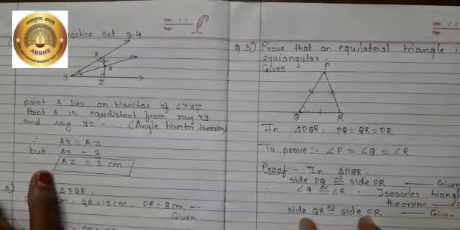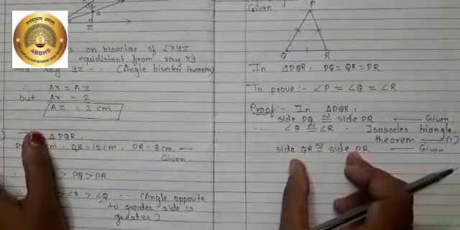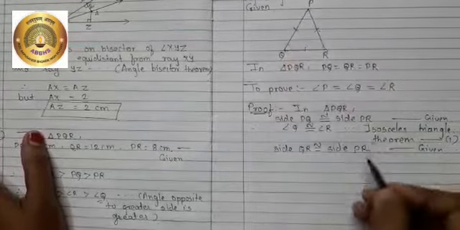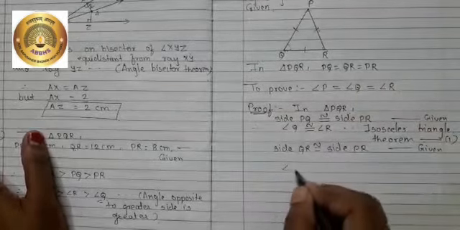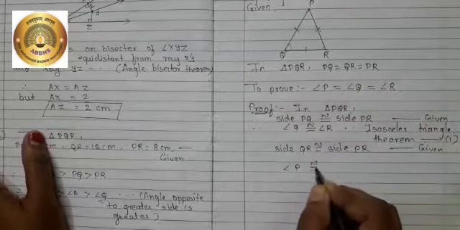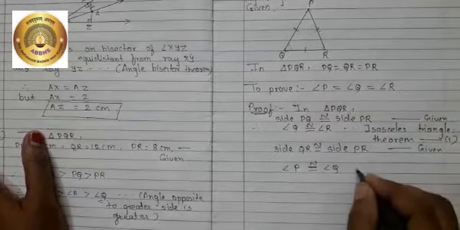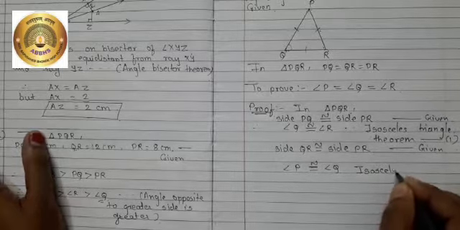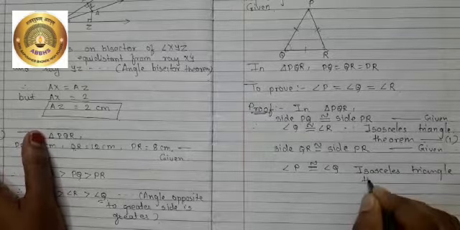So if these two sides are congruent, their opposite angles are congruent. So opposite of QR angle is P and opposite of PR the angle is Q. So we'll write angle P is congruent to angle Q. Again the same reason, isosceles triangle theorem.